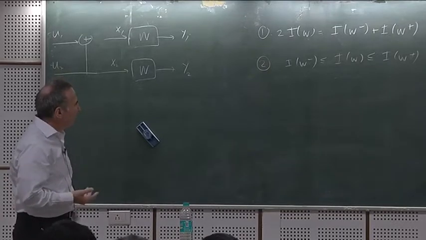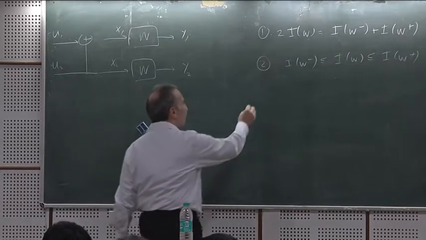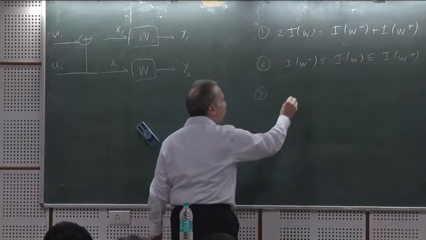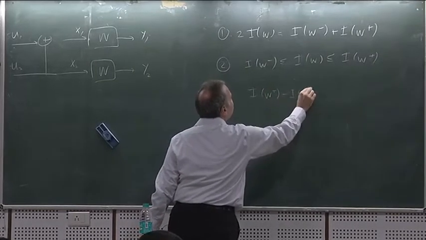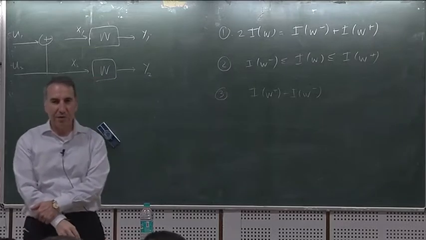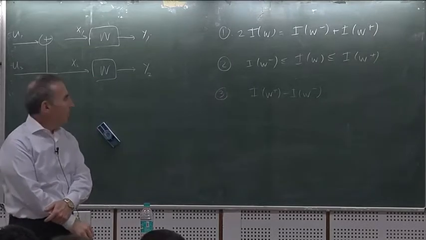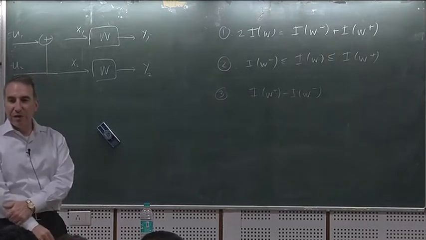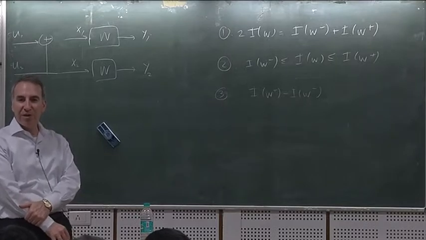Okay. Now, the other thing is the following. The third property, I want to take a look at, just as we took a look at the difference between the worse and the better erasure probabilities for the BEC, I want to take a look at the difference between the mutual information developed across the better and the worse plus and minus channels.